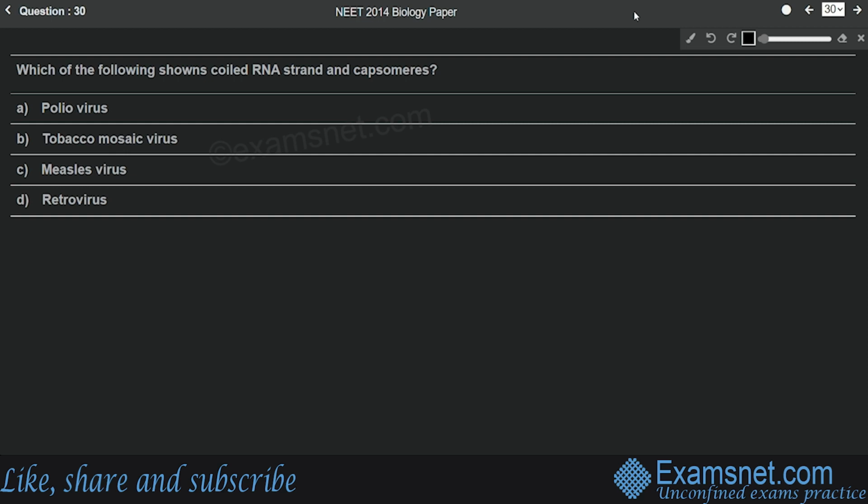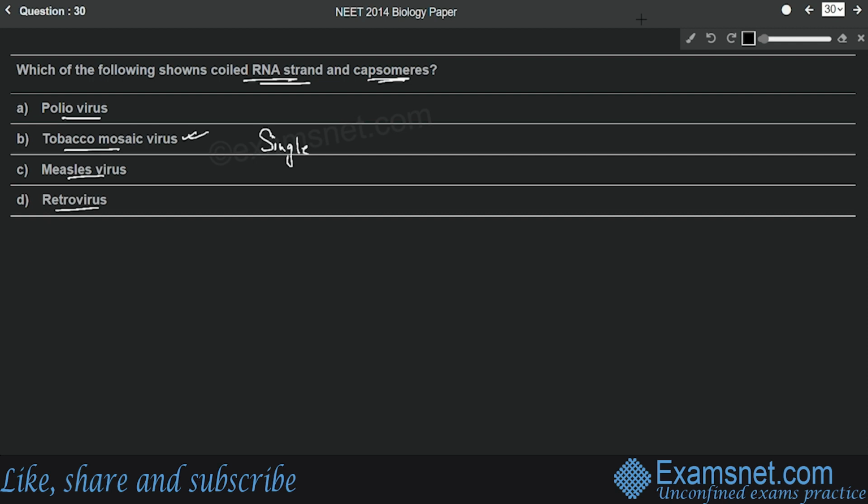Question number 30 is from the chapter Biological Classification, and the question is, which of the following shows coiled RNA strand and capsomeres? Options are poliovirus, tobacco mosaic virus, measles virus and retrovirus. Okay. So the correct answer is option B, that is tobacco mosaic virus. So the genetic material in the tobacco mosaic virus is a single stranded RNA molecule.